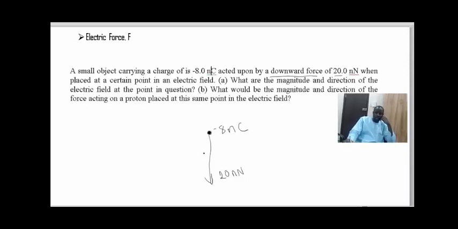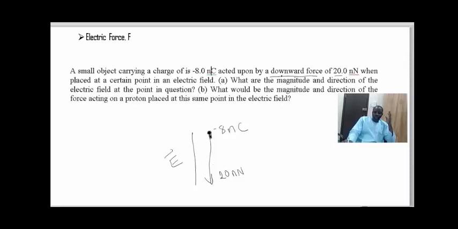So there is a field here which creates a downward force on our charge. Let's draw a line to represent the field. This is trying to tell us the field, but we don't know the direction. Our next task is to find the direction of the field.